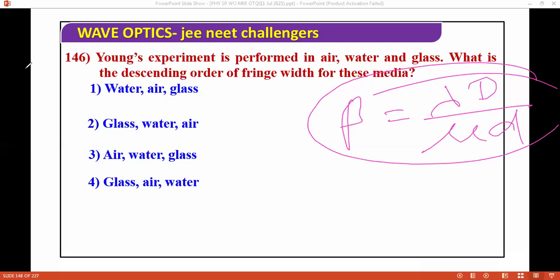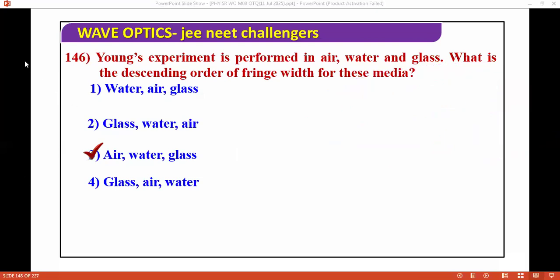So if mu has a high value, then beta has a lower value. Glass has the highest mu, then water, and air has the least, so air has the highest fringe width. You can check it one by one. Next question I am moving ahead.